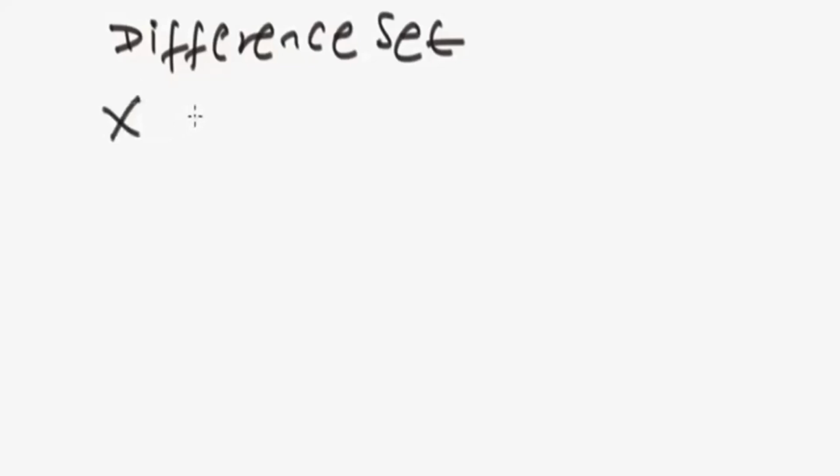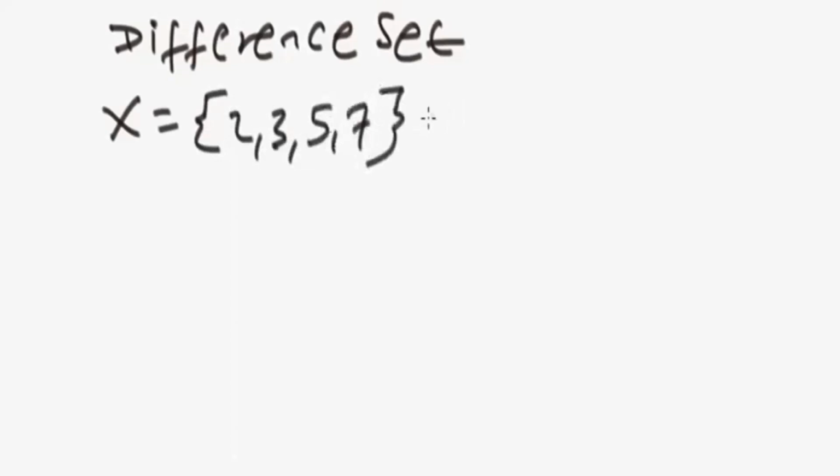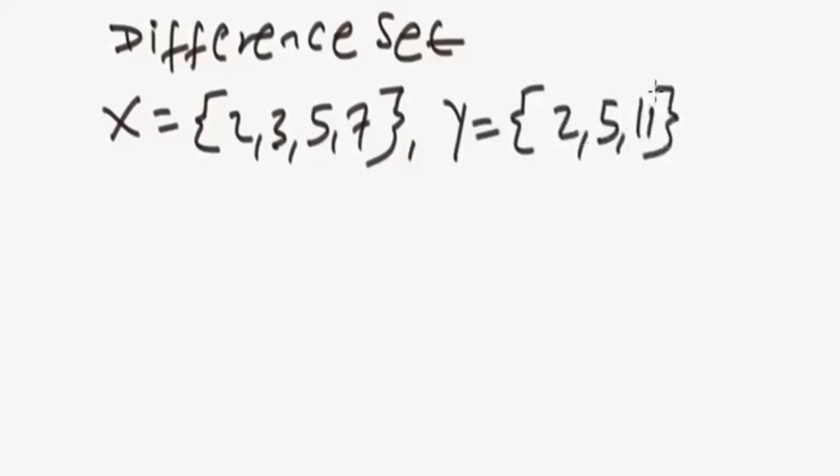We are given set x to have its elements as 2, 3, 5, and 7, and y to have its elements as 2, 5, and 11, and we're asked to find x minus y and y minus x.